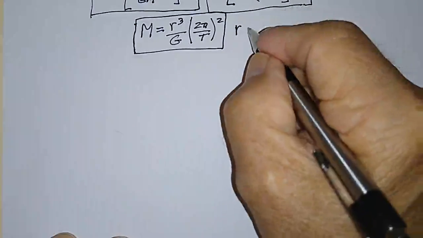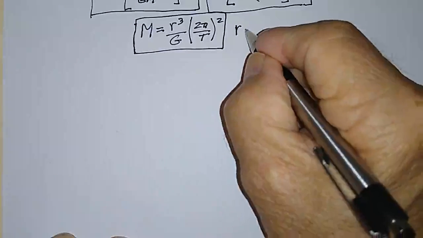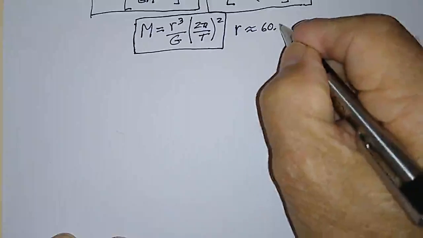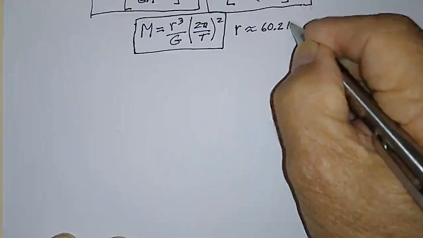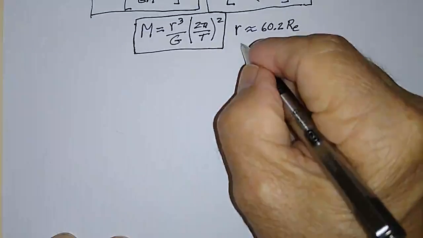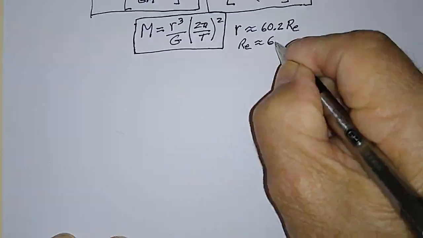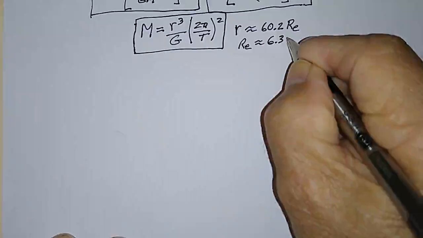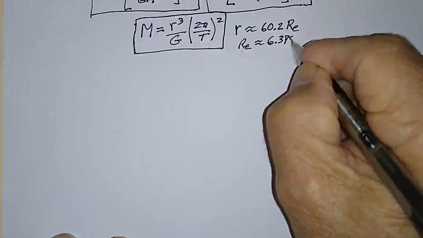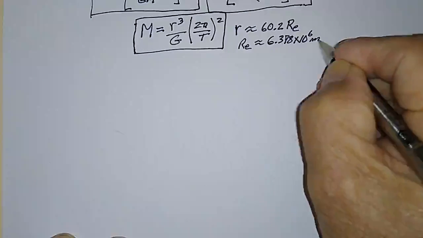We can find out that the distance between the Earth and the Moon is approximately 60.2 Earth radii, where the radius of the Earth is approximately equal to 6.378 times 10 to the 6th meters.